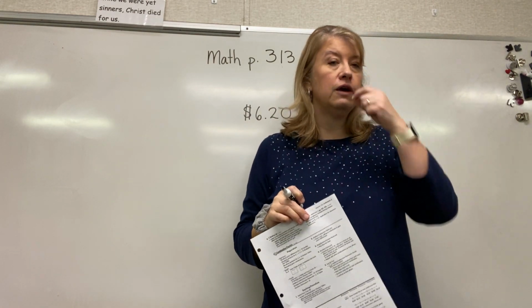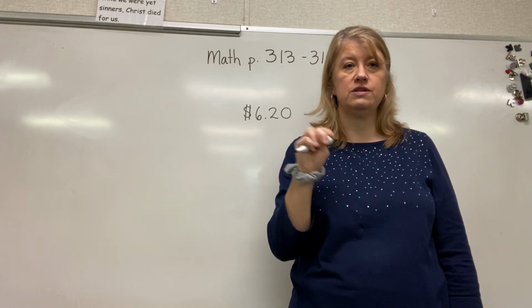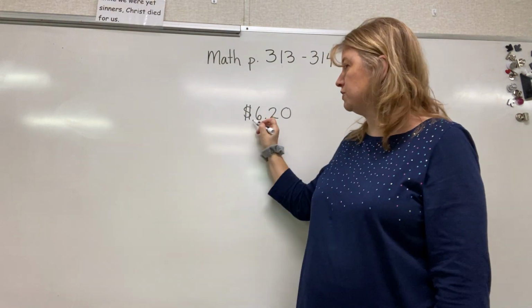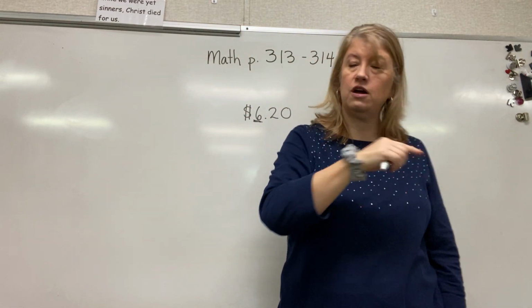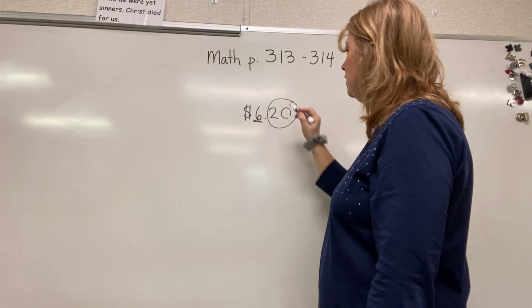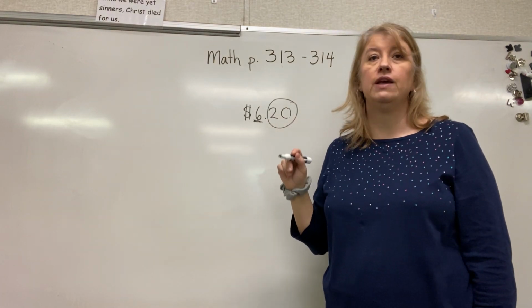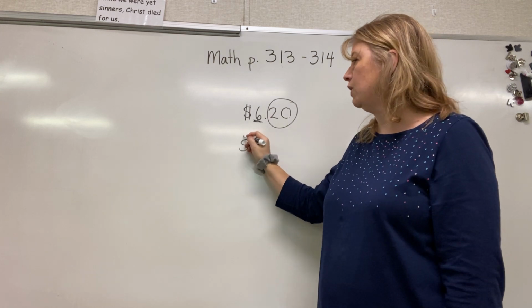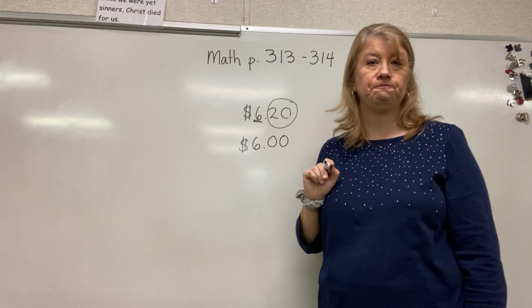Now we're going to do it in our head. What are our choices for $6.20? $6. We always start with the dollar. $6 and go up to $7. Let's look at 20. Is 20 less than or greater than 50? It is less than. So we would round $6.20 to $6.